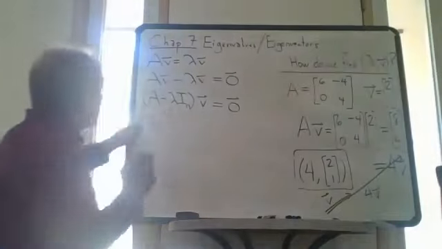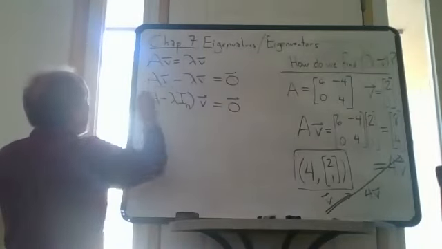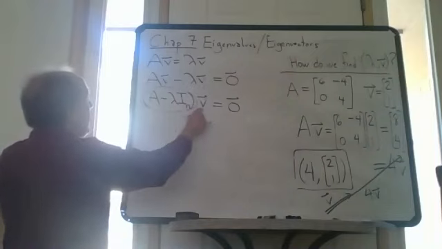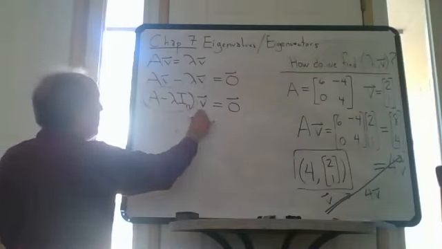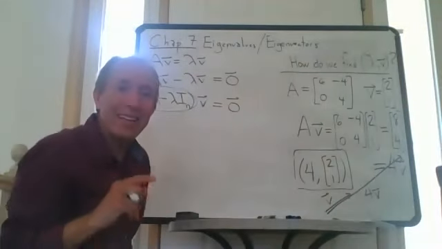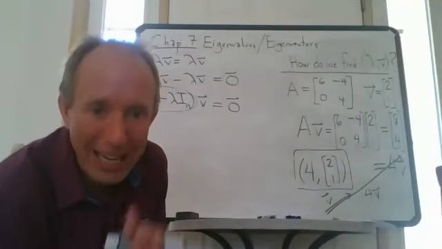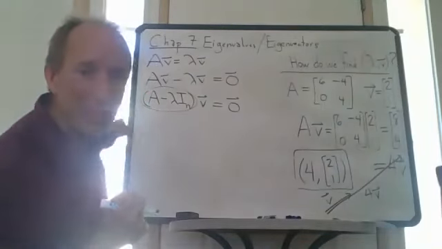Now, what this equation is saying is that if we take this matrix A minus lambda I and multiply it by V, we get 0. That just means that V is in the null space of the matrix that I circled.